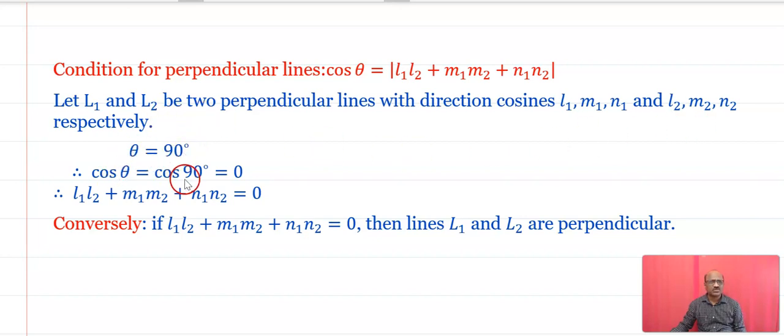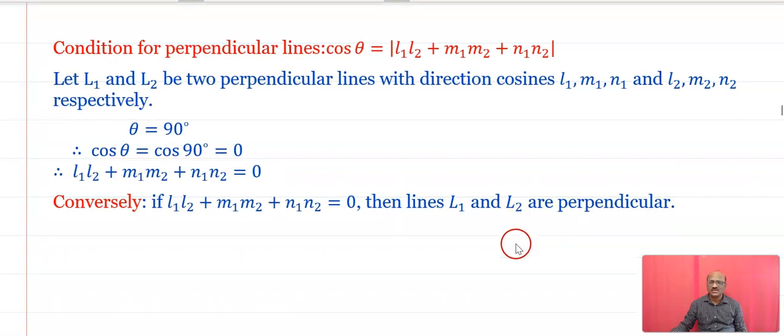Cos of theta is equal to cos 90, that's 0. And therefore L1 into L2 plus M1 into M2 plus N1 into N2 is equal to 0. Conversely, if L1 L2 plus M1 M2 plus N1 N2 is equal to 0, then it's clear that the two lines are perpendicular to each other.